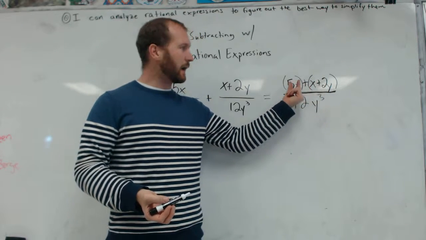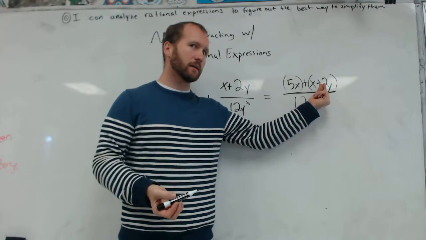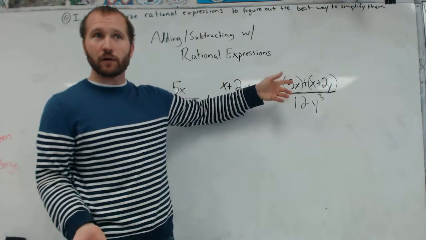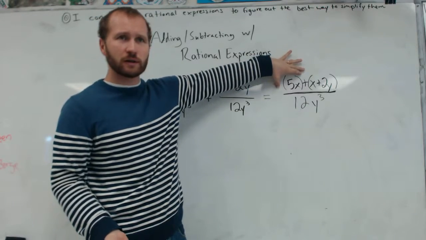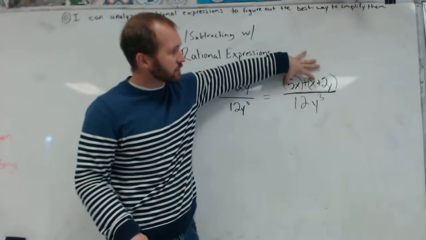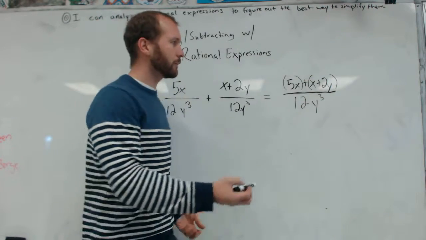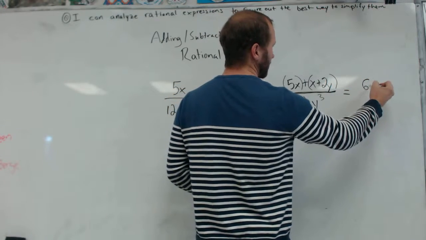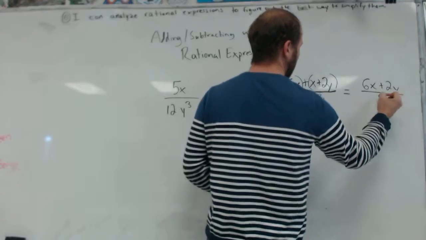I'm not adding 5x to x and then adding 2y. But in this case, does that matter? No. Because of the associative property of addition, I can just add 5x plus x, which is 6x, and then leave the 2y over here.